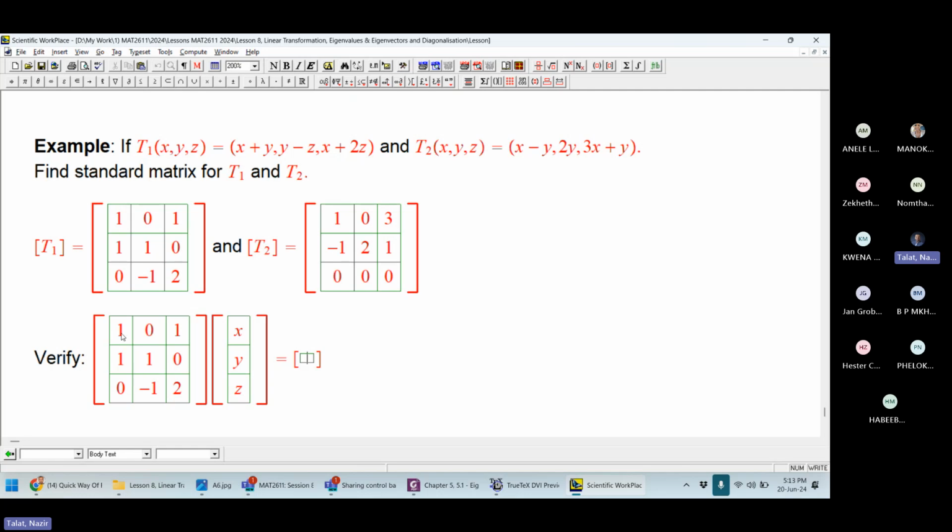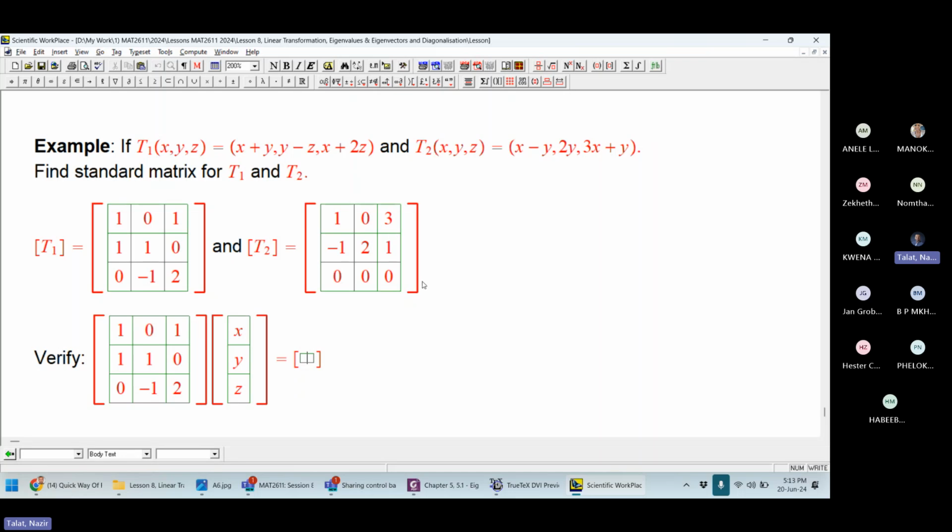Like you can check that if you multiply the first with the second in its column form, will it give you the same answer or not? So this is the verification of this one, and from this verification, or from its transposition, we can get its standard entries.